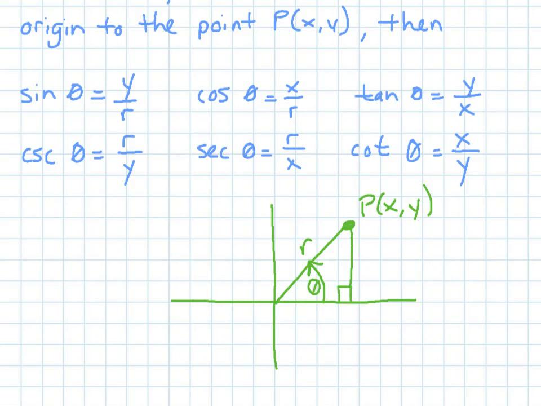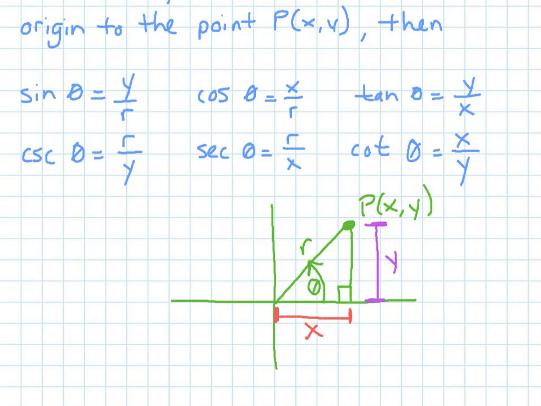From your center all the way over here is your x value. From here, center to all the way up here is your y value. So now these ratios come into play.